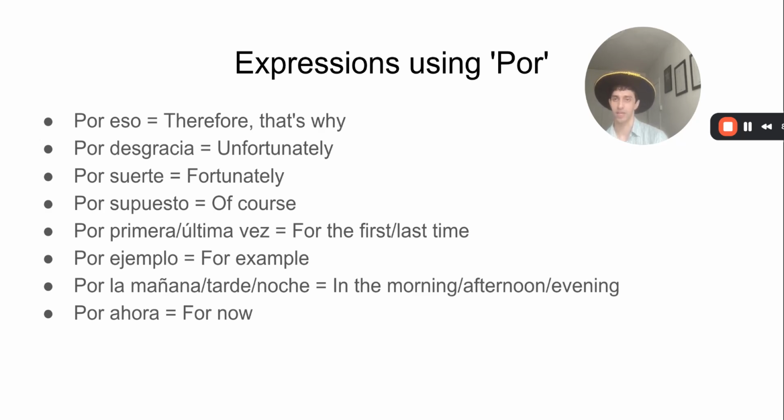So to express when during the day you did something, you'd use por. And por ahora means for now, for the time being. So those are all expressions using por, quite common ones in Spanish. There are plenty of others as well, but for GCSE and iGCSE, this is a pretty good list.